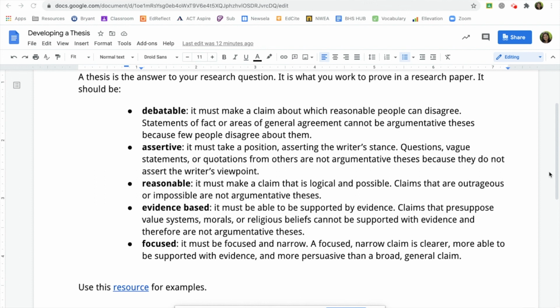So to be more reasonable about this claim, you might want to change it to school districts could block social media platforms, or parents should monitor their children using social media. Those are more reasonable than just flat out banning them for everybody.